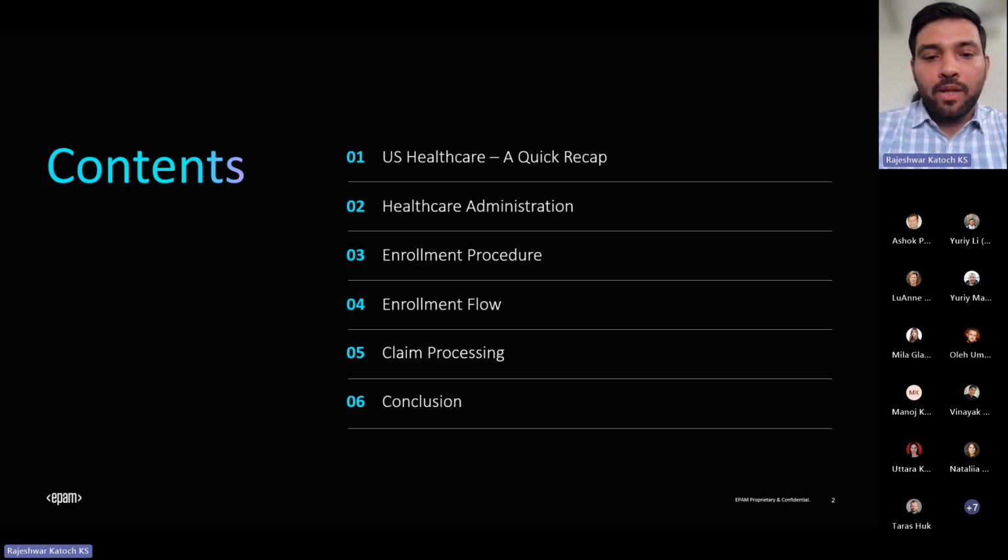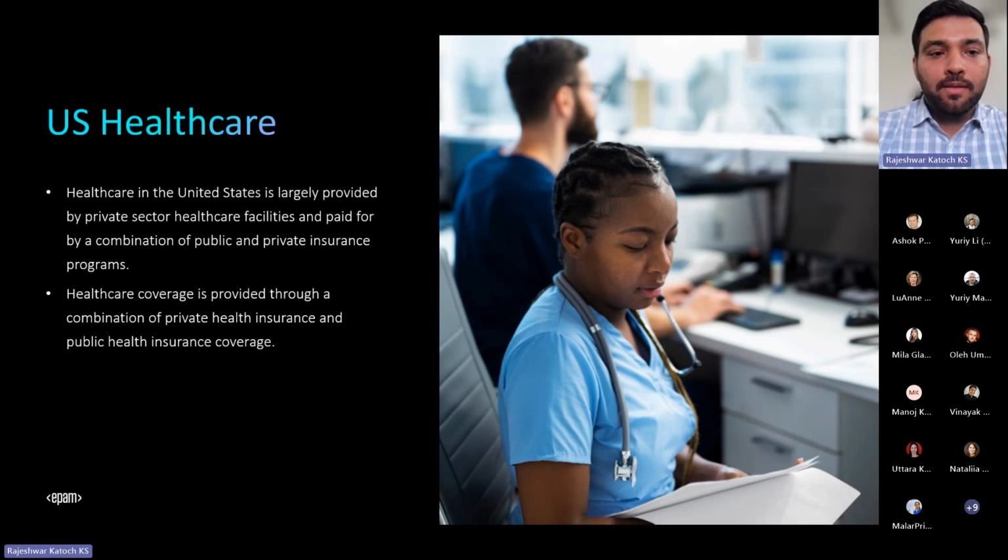Then we'll also see the enrollment procedure, the flow related to it, and the claiming process, which will be an overview because I'll not be going in depth into the claiming process because we have a lot in one area, and then we'll conclude the session. So we'll be walking through these contents in the presentation.